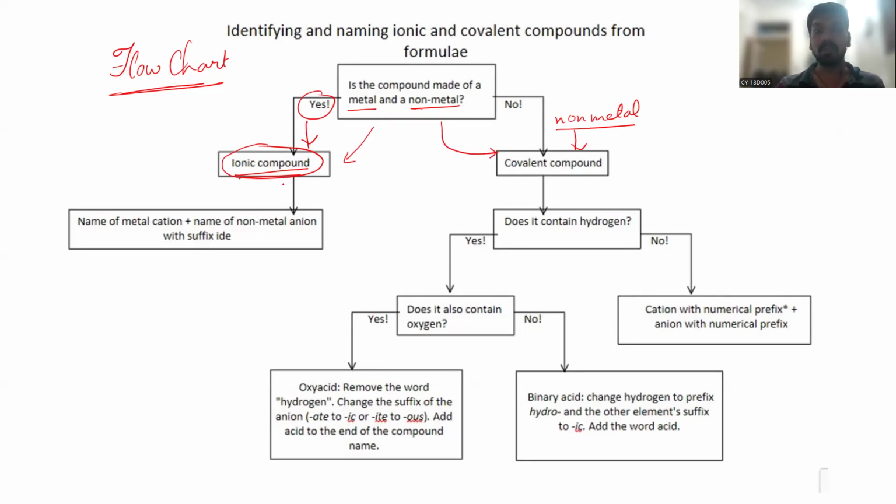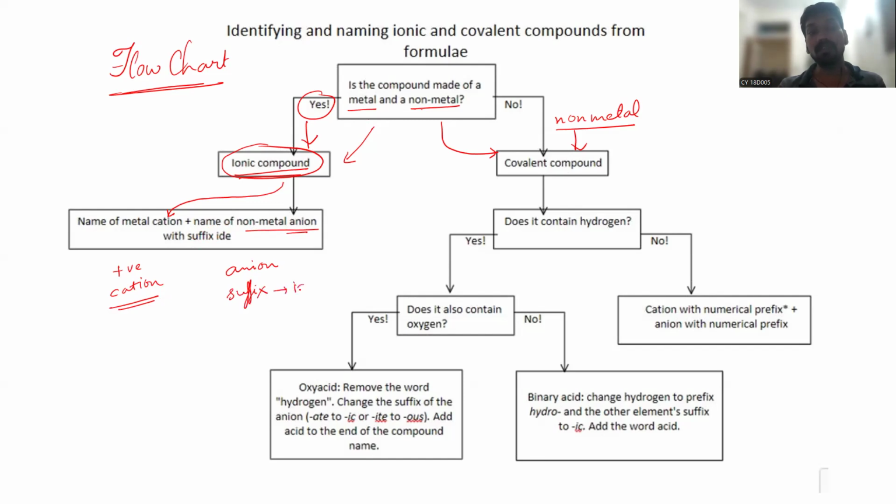In an ionic compound, the positively charged metal ions, the cations, are written first. The name starts with the cation, followed by the non-metal anion, which ends with a suffix written at the end.